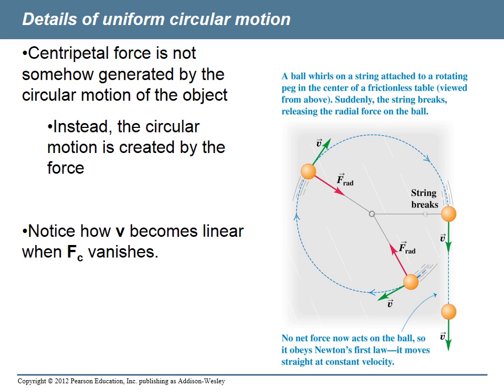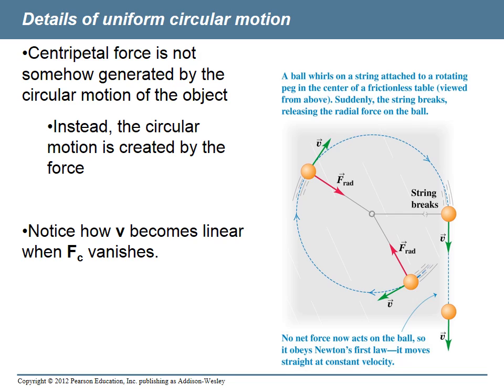Like I was just saying, the centripetal force isn't somehow generated by the motion of the object. I don't have an object in a circle that generates an inward force. It doesn't make sense to say, oh, it's traveling in a circle, so it must be creating a force inward. That doesn't work. What we need to say is that we have something traveling in a circle because it's acted on by a force.